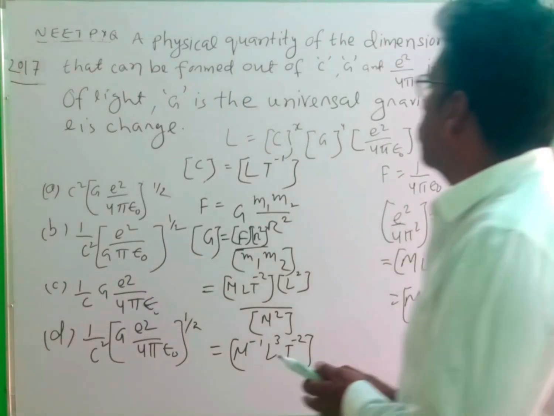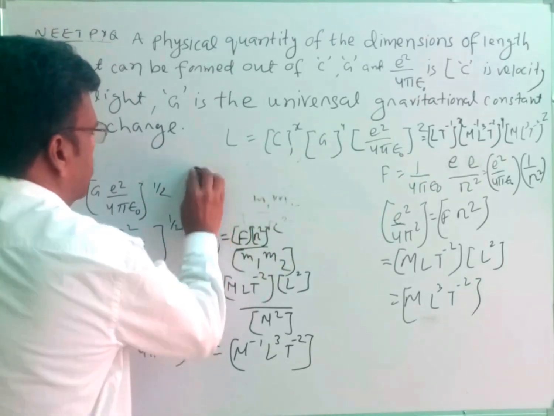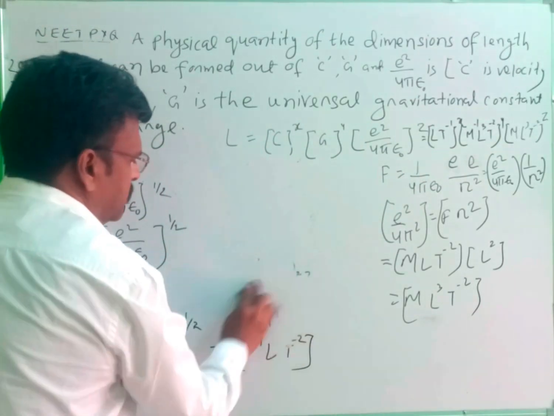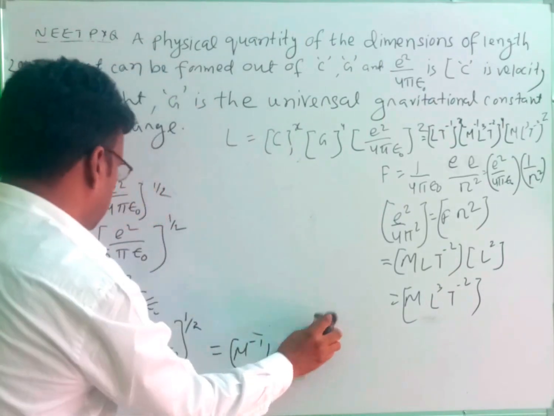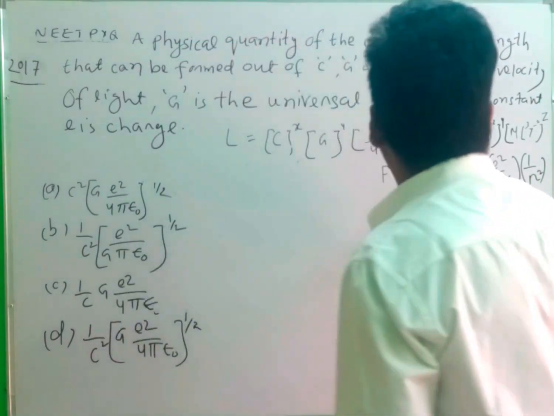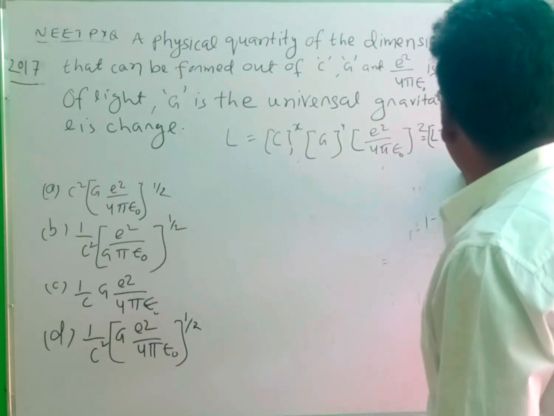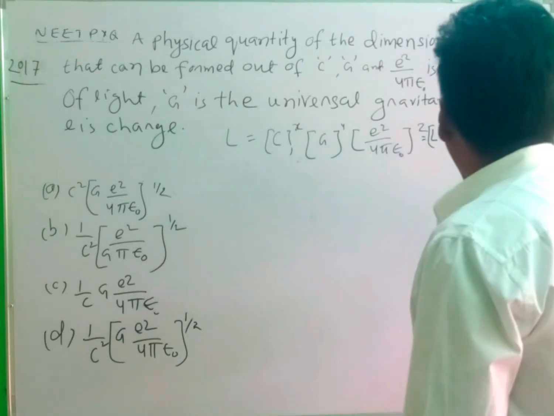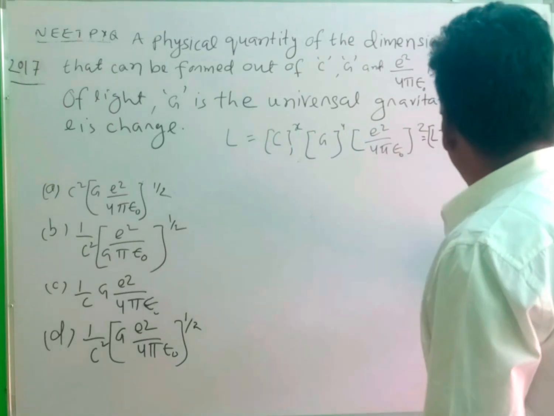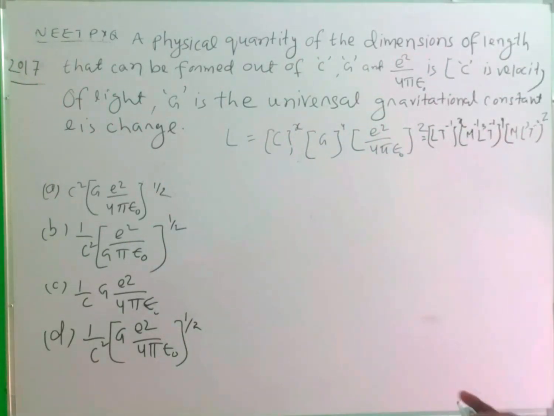Okay students, now let us clear the blackboard so that we can write and solve this equation. We know from the principle of homogeneity of dimensions that the dimensional formula of the left hand side of an equation will be the same as the right hand side. We will utilize this while solving the equation.